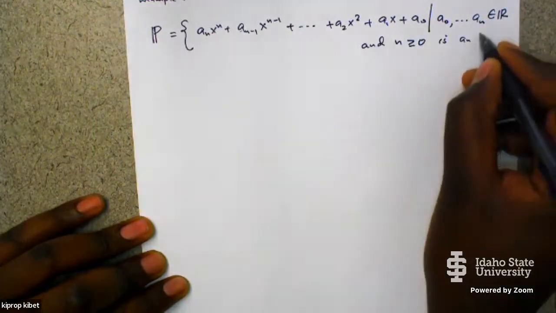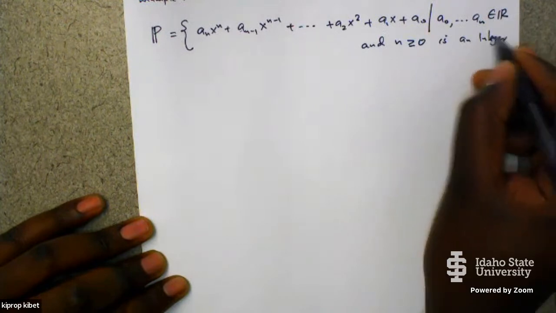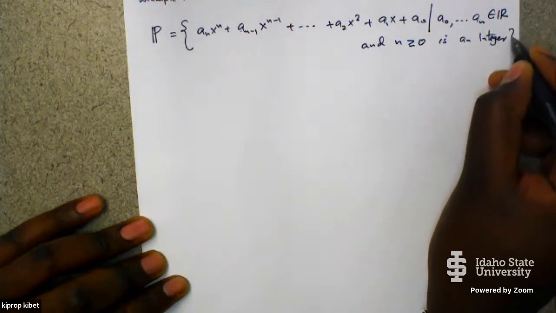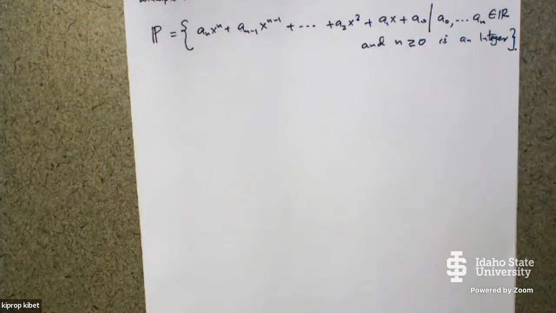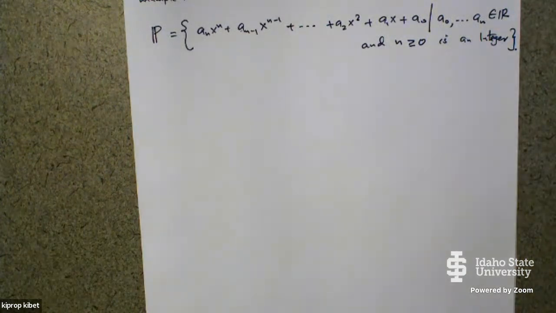So the polynomial with real coefficients can be written as a set of these, whereby the a's are elements of the reals.